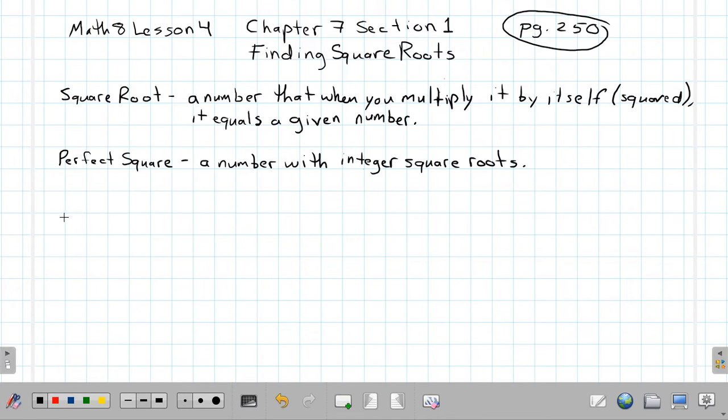Now, 3 other things that we'll look at here before we get into some of the examples. 3 little special cases that we have here is that every positive number actually has 2 square roots.